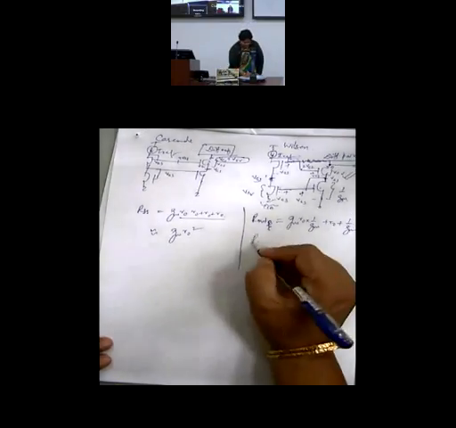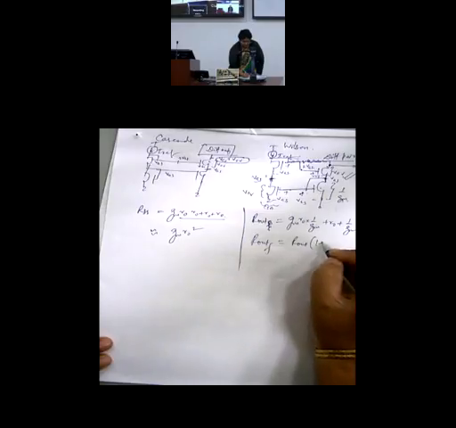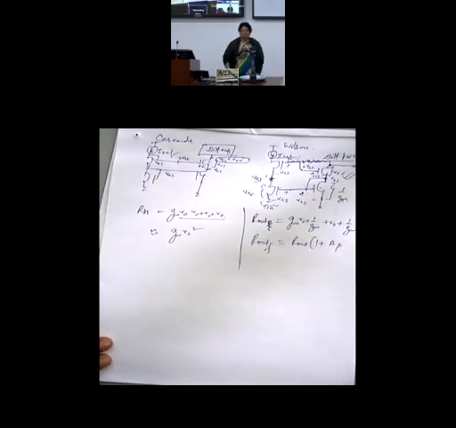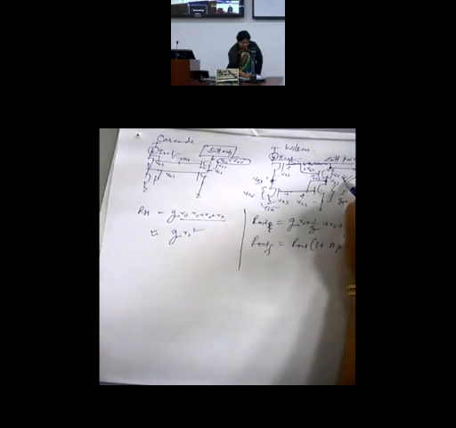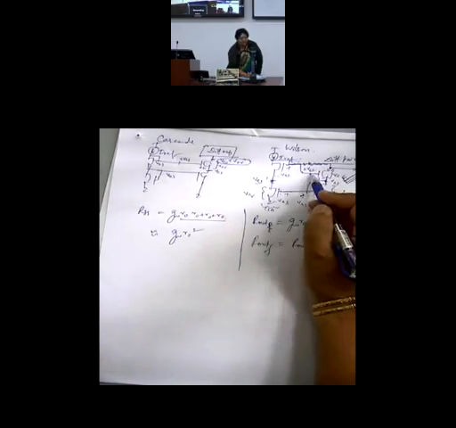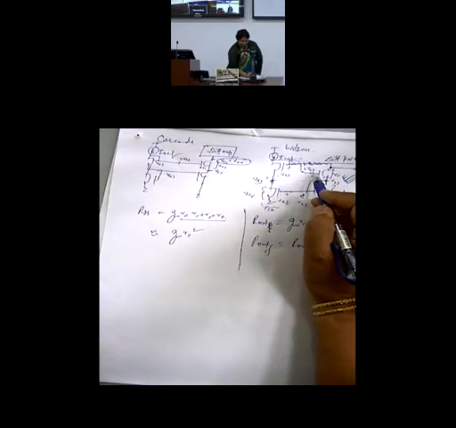So R out with feedback now will be the initial R out, because of current sampling, times 1 plus A beta. A is, look at this transistor very carefully. You are feeding your input here, getting your output here. Your effect is coming here, so as if you are moving from here to here.